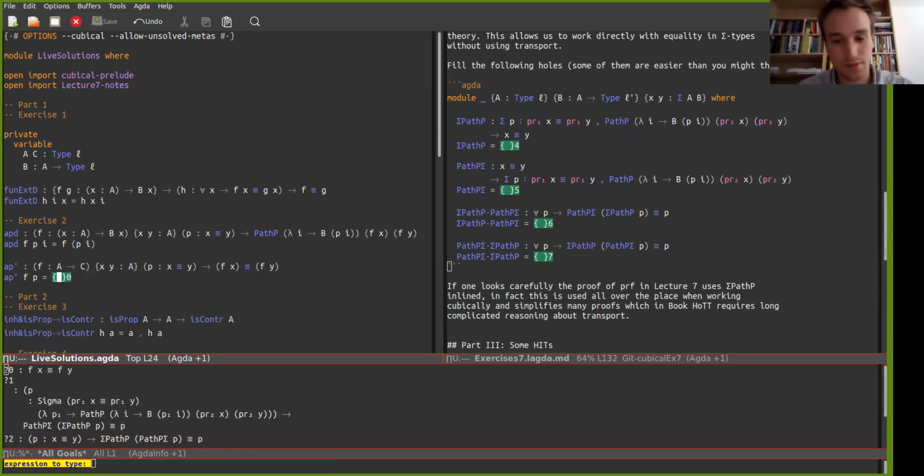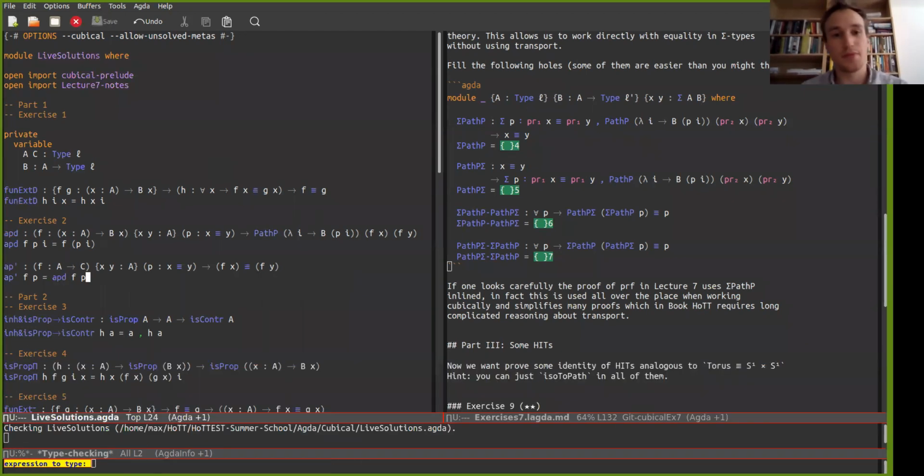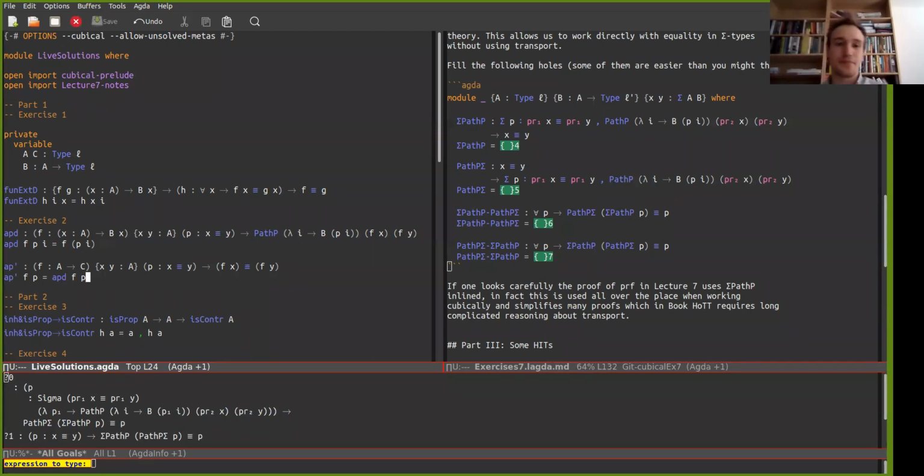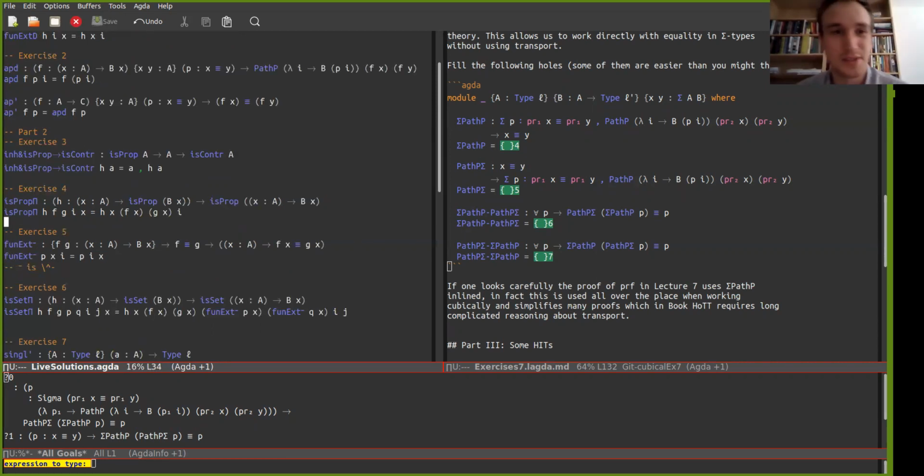So it does work in Cubical Agda. I don't remember how it is in the library. Are those two things separate? I need to check. But yeah, this was a good question. It might be interesting to see that this really is just the path P, when this is constant and doesn't depend on the I here.